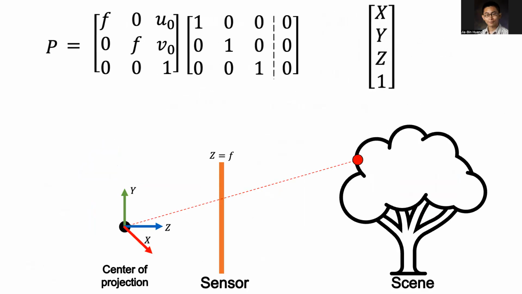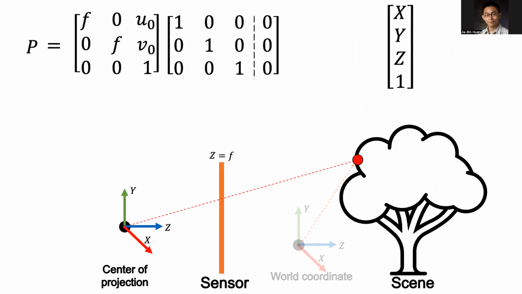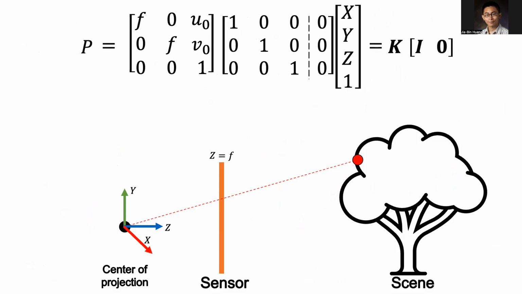Okay, so what's missing here is the following. Now we describe everything from the viewpoint of the camera, the center projection of the camera. But sometimes we don't do this, right? Because what if I have multiple cameras? Then which coordinate system should I use?